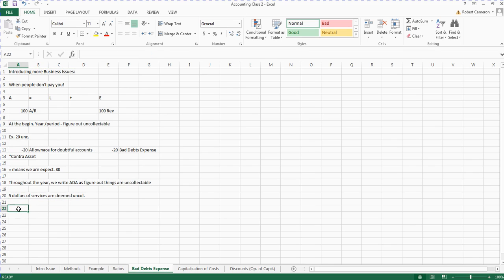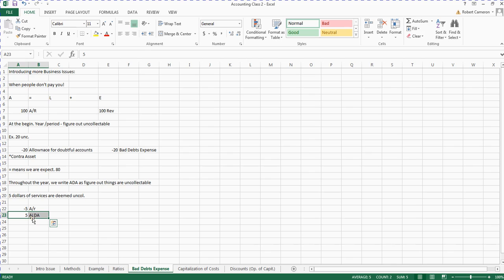So then what we do is now we'll subtract $5 from accounts receivable and then add $5 to the allowance for doubtful accounts. And so since we're adding it, that means this negative 20 goes to negative 15. And again, the whole reason we're doing this right here, accounts receivable goes down, the allowance, you add to it, which since it's naturally a negative account, it means it's sort of decreasing it.